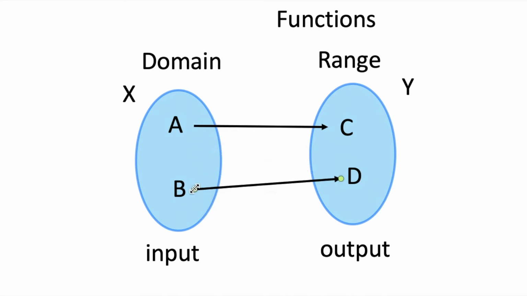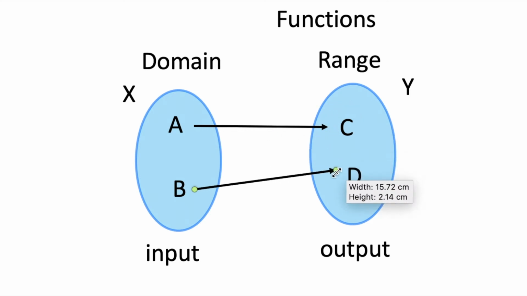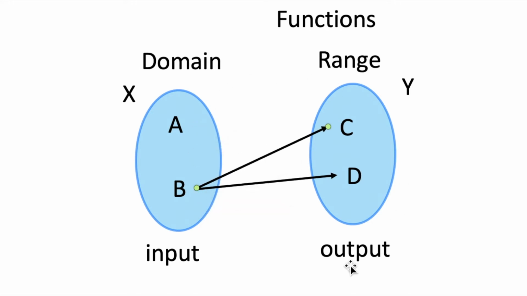And the other way doesn't work like that, however. If both A and B correspond to the C in the range, this is a function. However, this way is not a function.